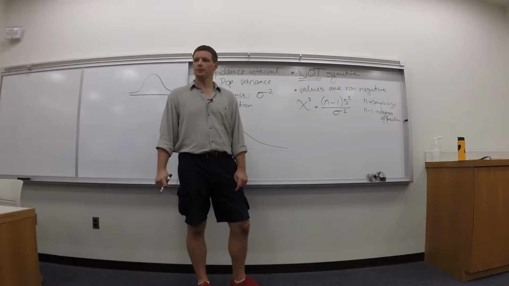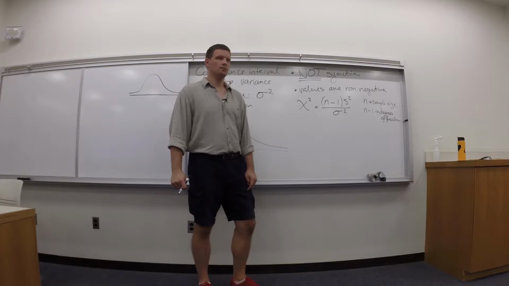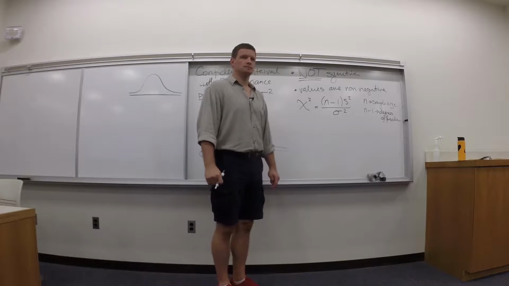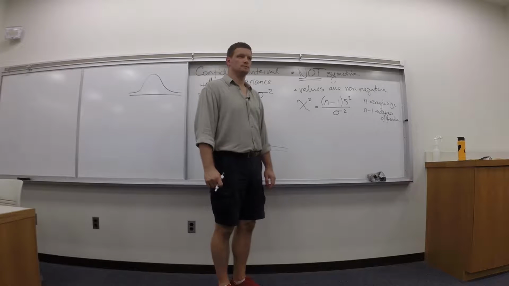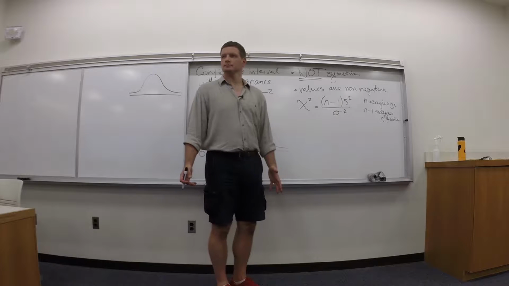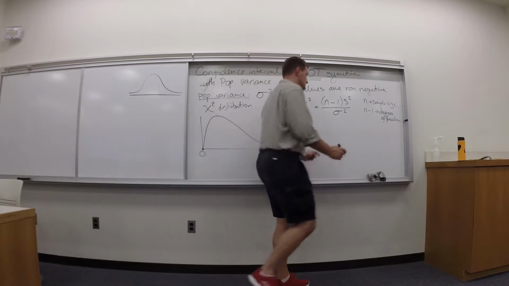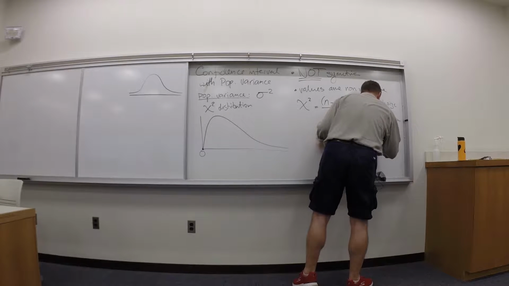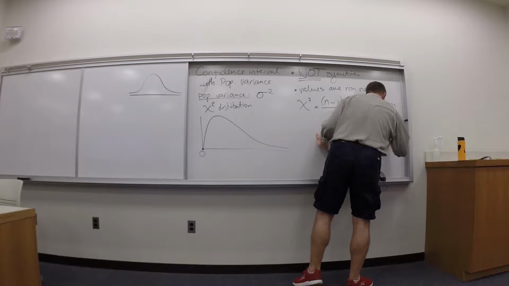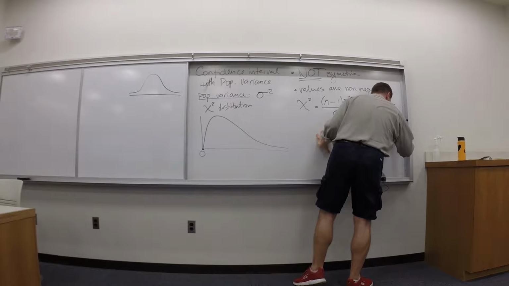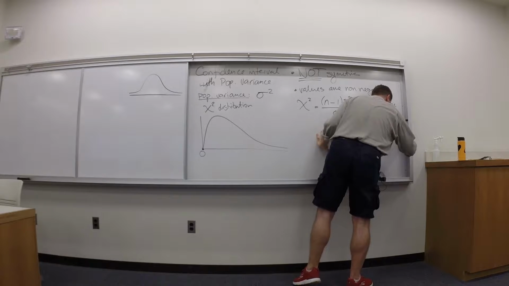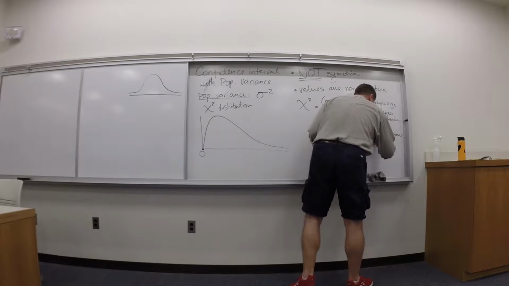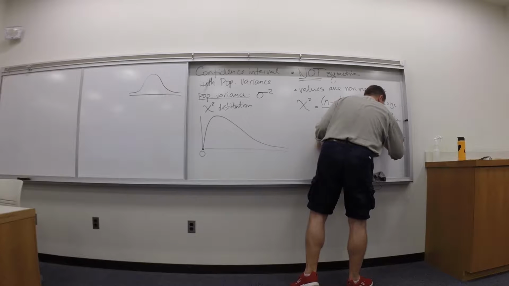What's s squared? Sample variance. And sigma squared is population variance.